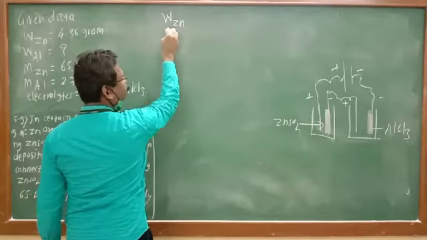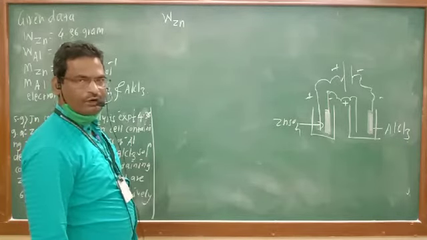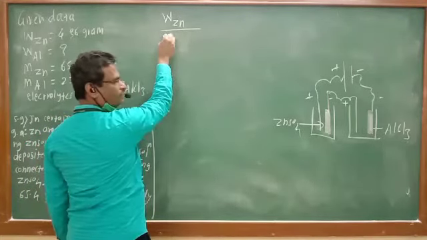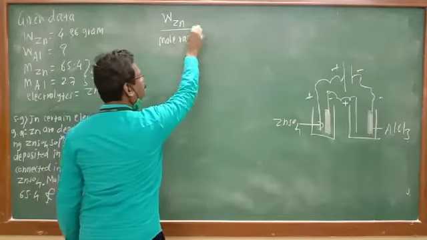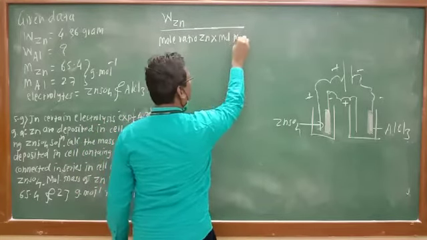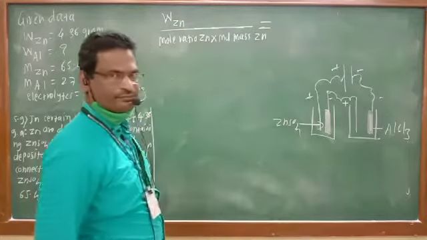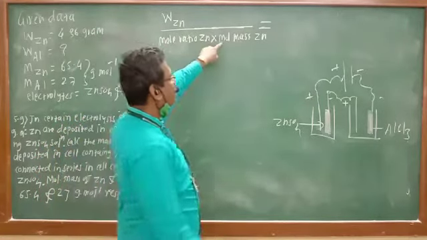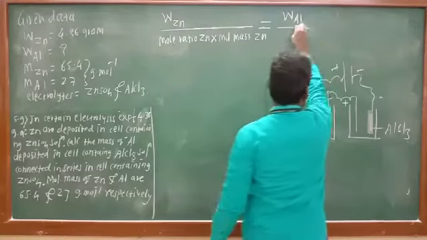Weight of zinc upon mole ratio of zinc multiplied by molar mass of zinc is equal to weight of aluminium divided by, is it right?